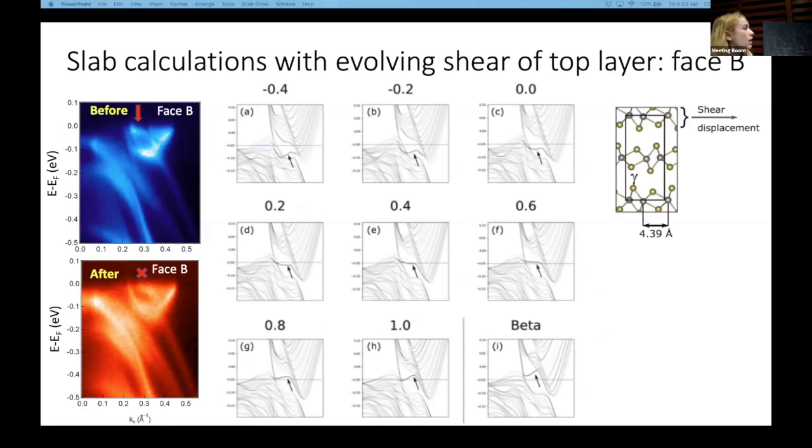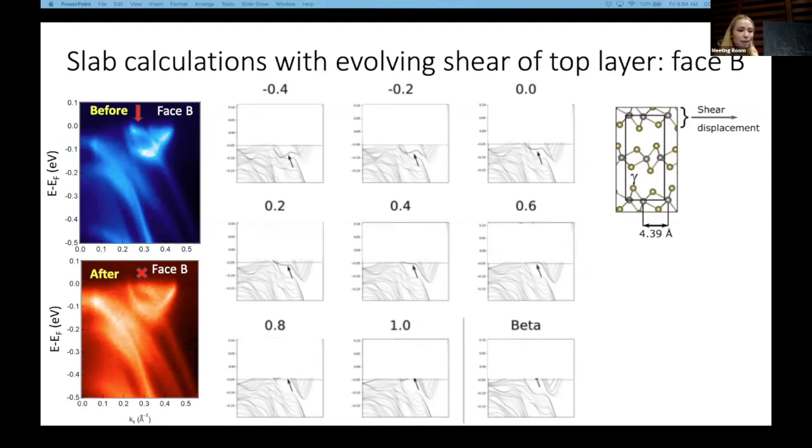And with successive shear displacements, it gradually gets pushed up. And then finally, if we compare it to an ARPES experiment where we don't see unoccupied states, first you see it, and then you don't see it. And again, the beta structural phase gives qualitative agreement with the experimental observation as well as this metastable phase.